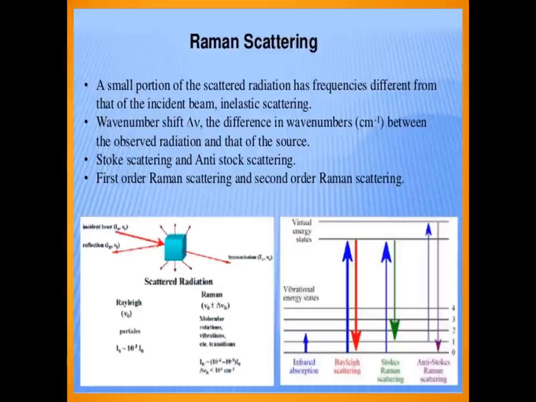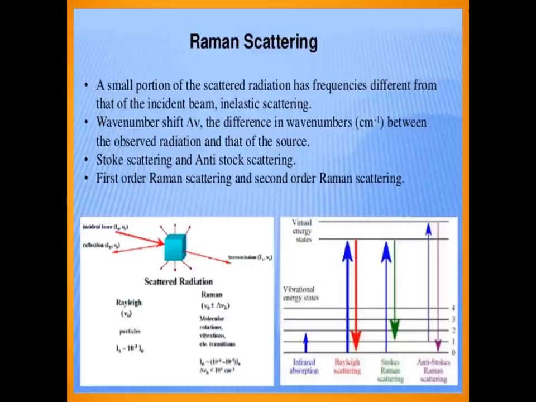That is an inelastic scattering. The scattered light contains some additional frequencies, some additional wavelengths, other than the incident frequency. This is known as Raman scattering.